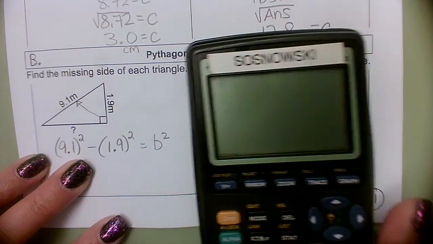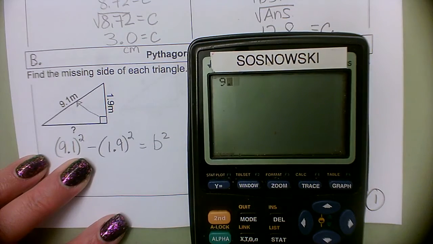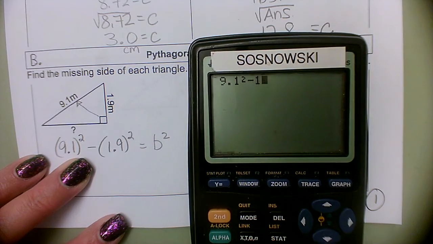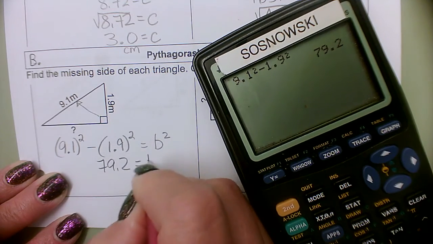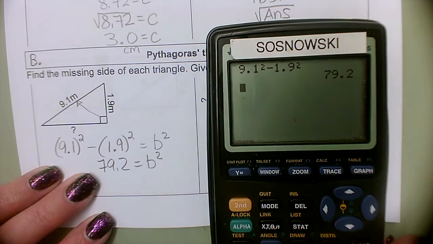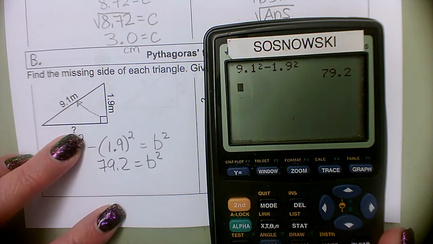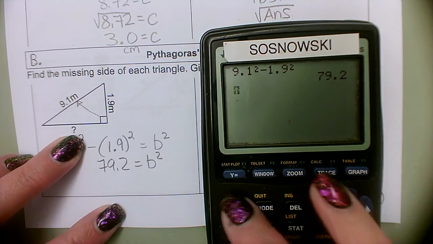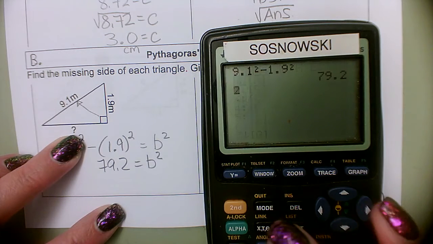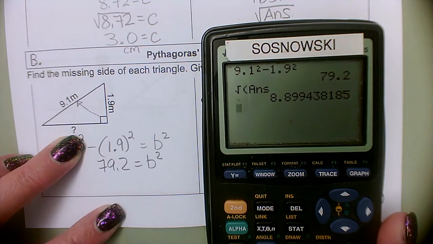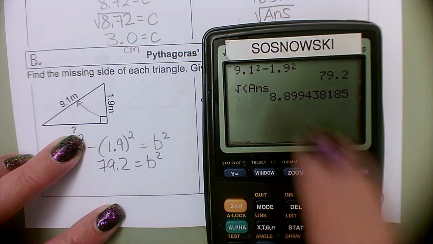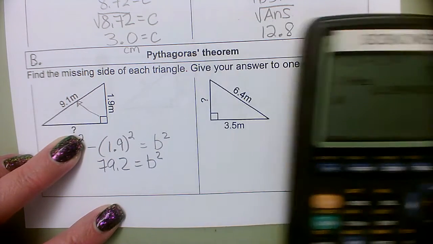Again, punch it into our calculators. 9.1 squared minus 1.9 squared gives me 79.2 equaling B squared. I know I'm not done, because there's no way that side could be 79.2. I'm going to square root that answer, and I get 8.9, because it's 9 after that.